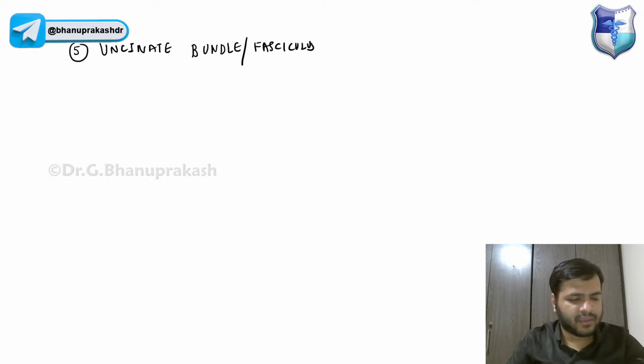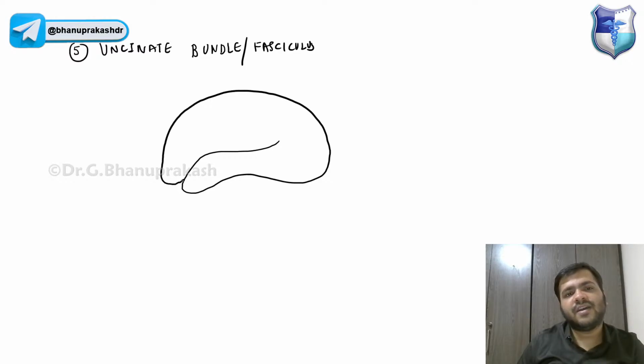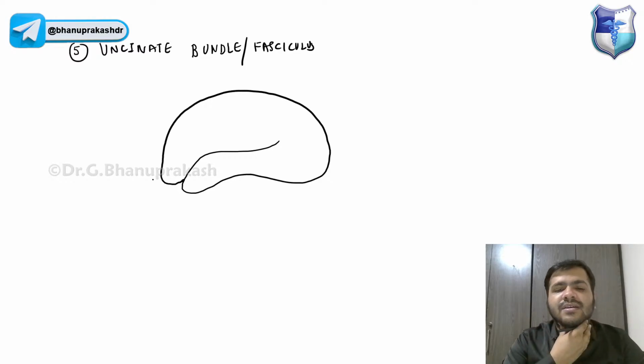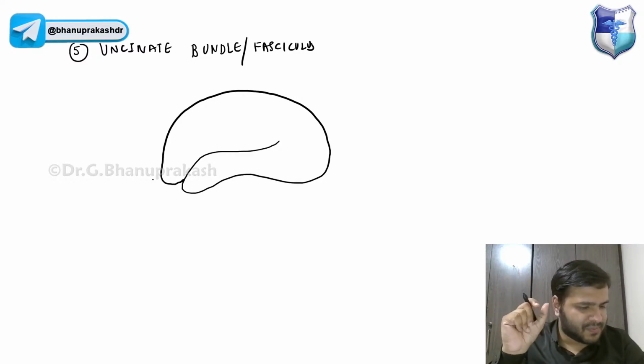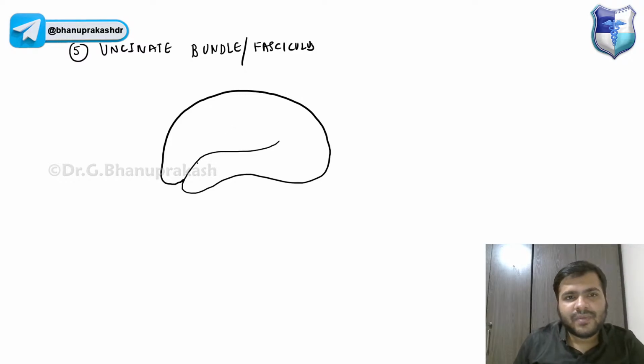Now, guys, you already know, if you just remember this diagram, you are going to tell me which section we have taken. The superior lateral surface is seen over here, guys, you already know.